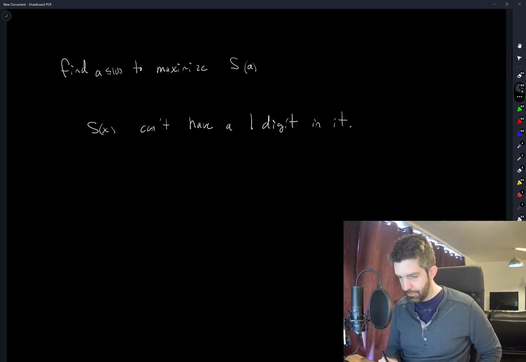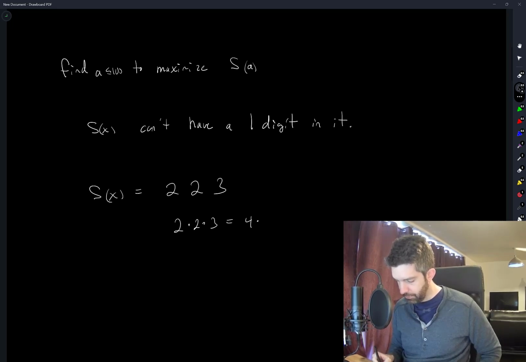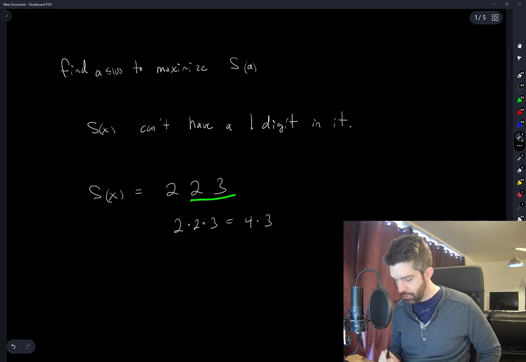It cannot have two 2's in it, right? Suppose again s of x is something like 223. Well, 2 times 2 times 3 is the same as 4 times 3. So we can't have two 2's. We also cannot have, I guess, a 2 and a 3.